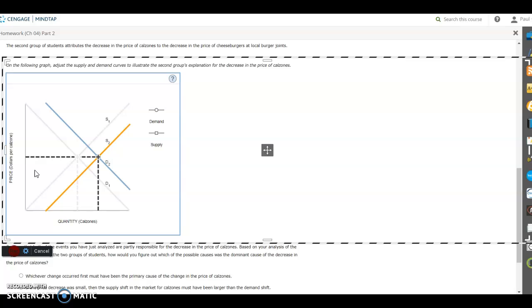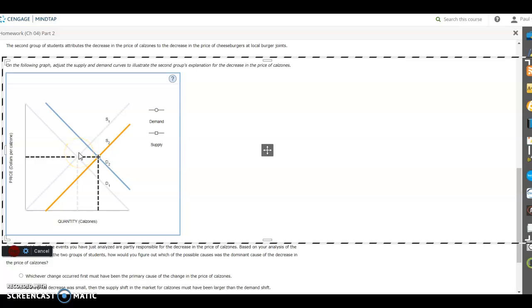For market prices to go up, the demand shift would have had to be larger than the supply shift. And when prices stayed the same, that means the two shifts are exactly the same in their magnitude, like what's listed here, and therefore price doesn't change at all.